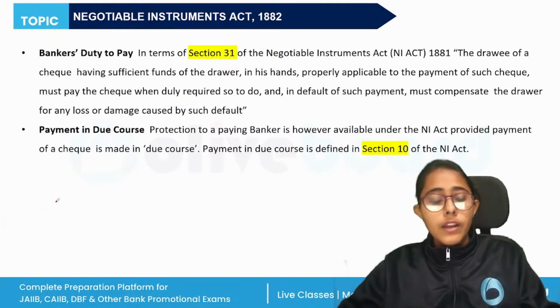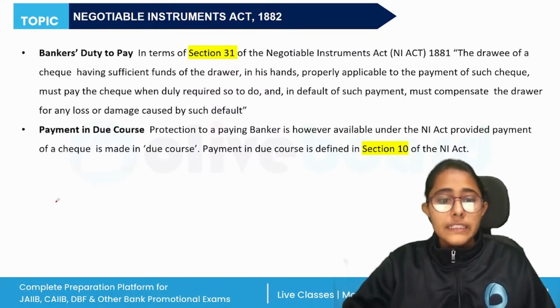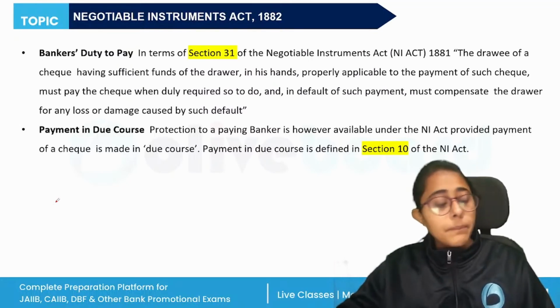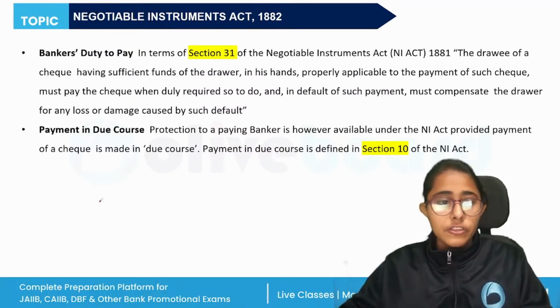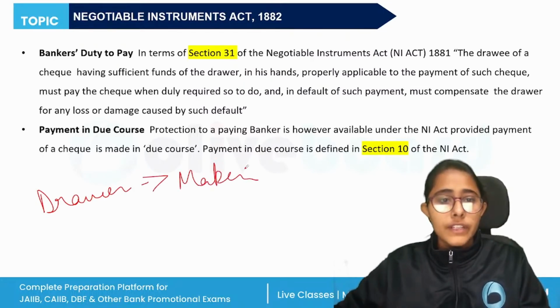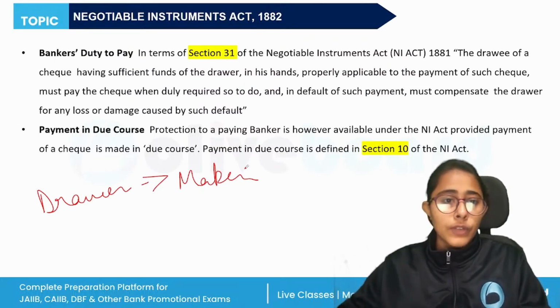So now for the negotiable instruments, we see that there are certain terms, like the drawer is the maker of the negotiable instrument or the bill of exchange. I hope you are familiar with the terms. Drawer is the maker of the bill of exchange or the check, and the person who is directed to pay is known as the drawee.